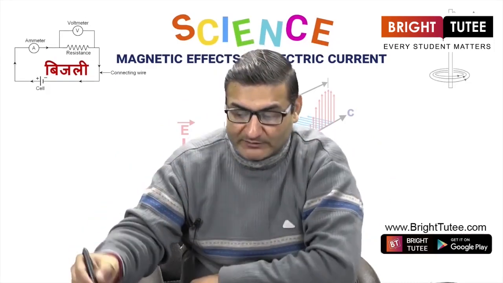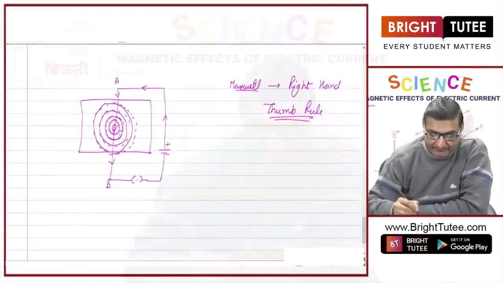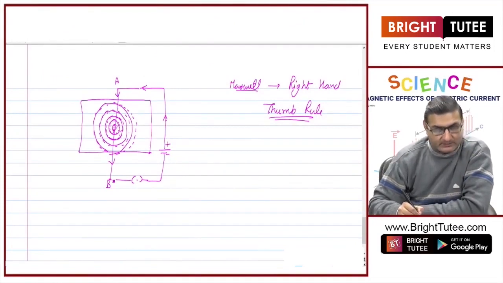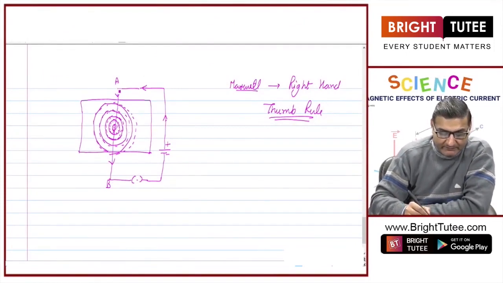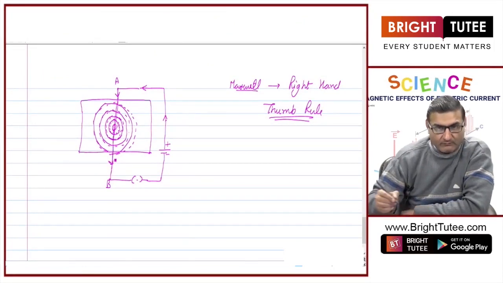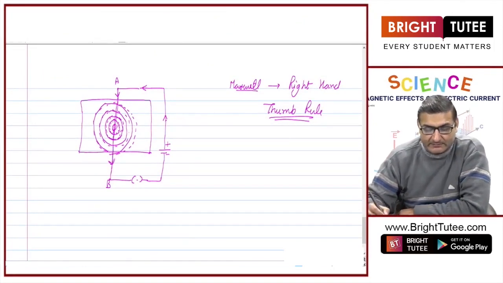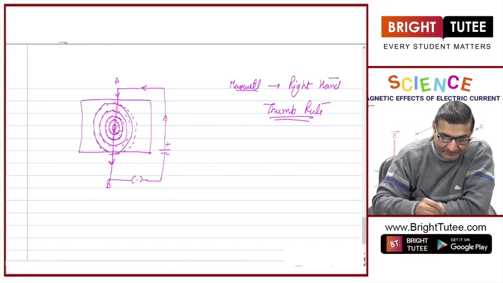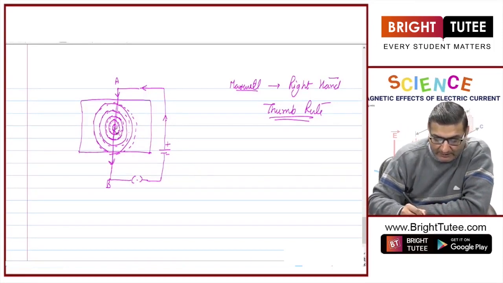So what we saw was, if the current is going in the downward direction, in this wire A to B, then as per Maxwell's right hand thumb rule, the direction of magnetic field lines will be clockwise.